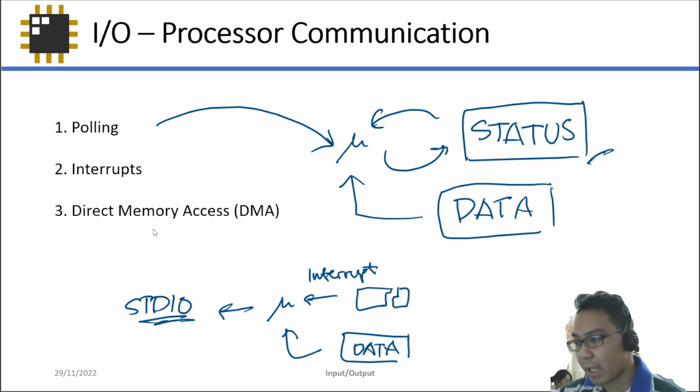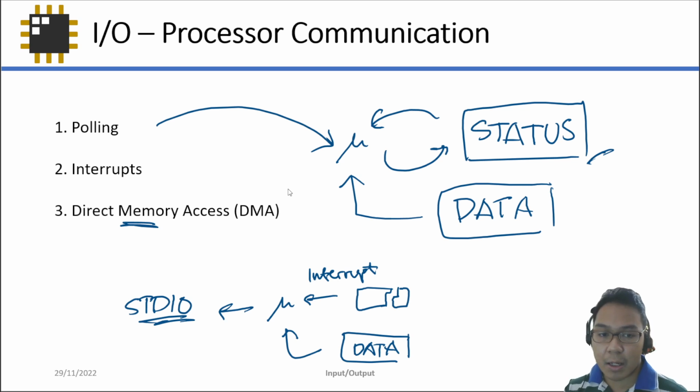Now, direct memory access is something else. You can see that for this one, whenever the interrupt happens, the microcontroller needs to see to it that any sort of long communication with the peripheral device is done during the ISR until the entire transfer is over.